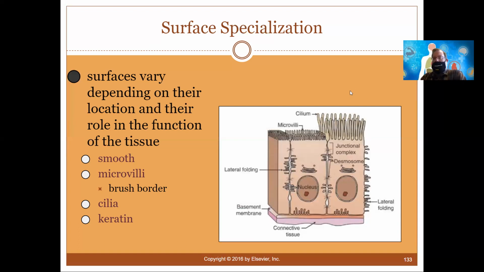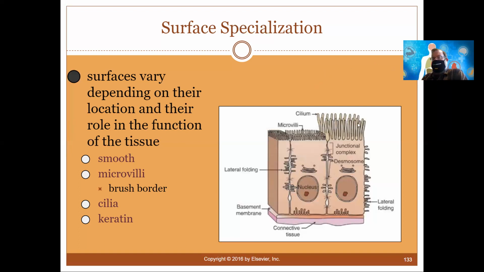Okay. Now, a couple of things we see differently than any other tissue. With pseudo-stratified columnar, we typically see cilia on that apical surface. And we also oftentimes will see goblet cells too. Usually cilia and goblet cells kind of go together, because the cilia help with moving particles around that might be coming into contact with the lumen.